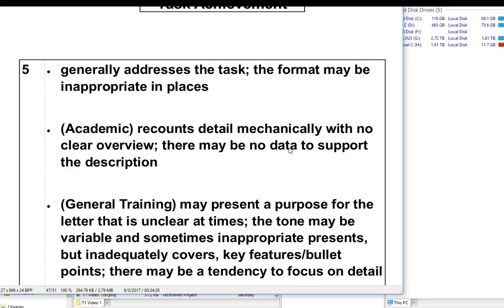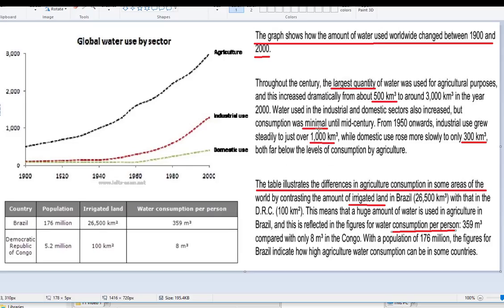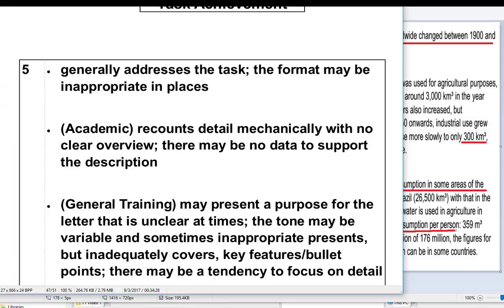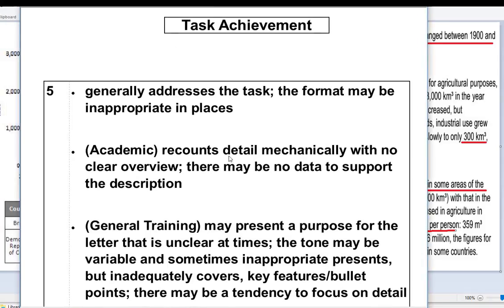Well, actually only once. The description here is the word minimal, but no data is given. It only happened once. But you run the danger of getting a 5 for your task achievement if you don't give data to support your description.